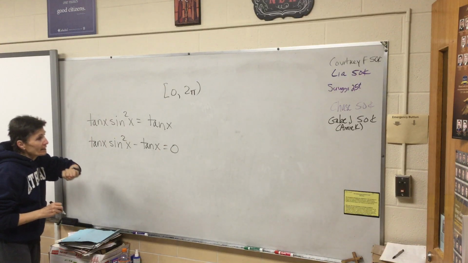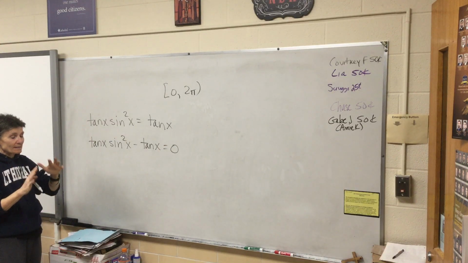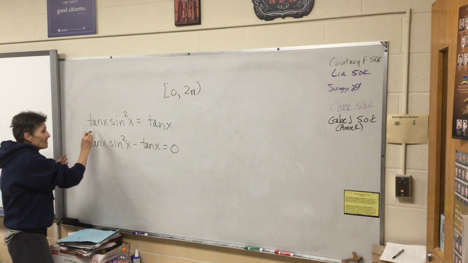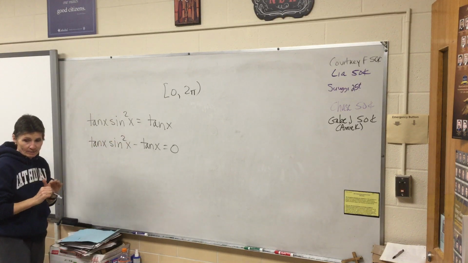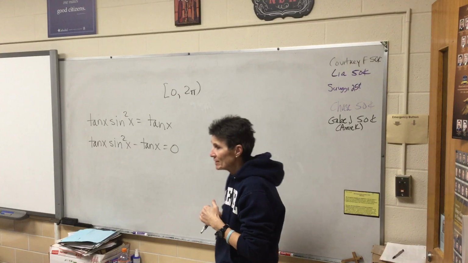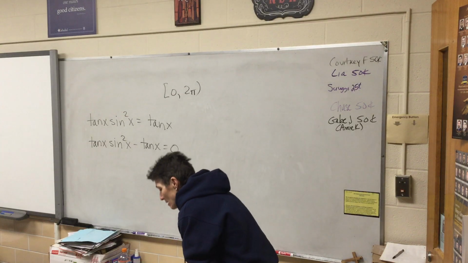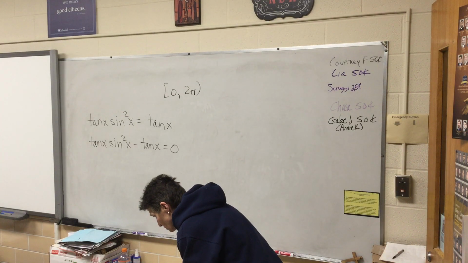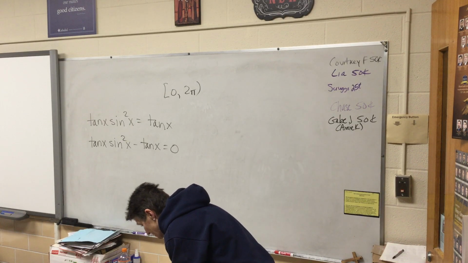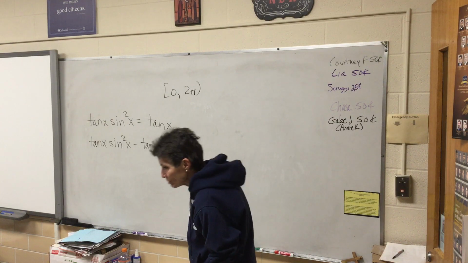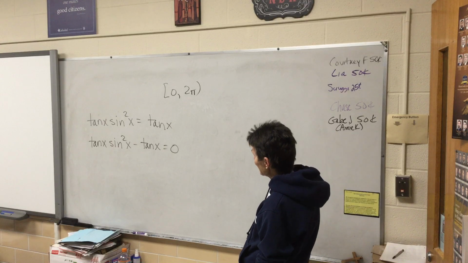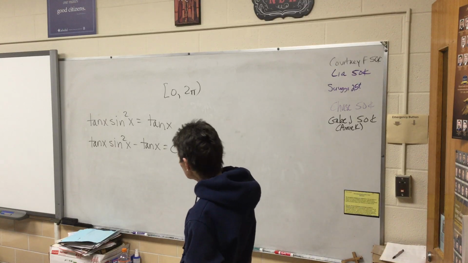Now at this point, I want to talk about what is something that'll be very tempting for you to do. Did anybody think about dividing by tangent? Okay, I get why you would think that, but one of the main commandments in mathematics is, thou shalt not divide by a variable. We can't ever divide by a variable because it might be 0.